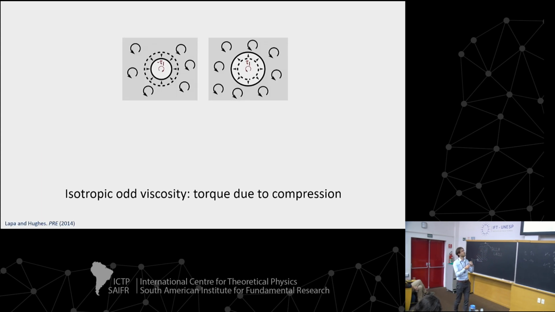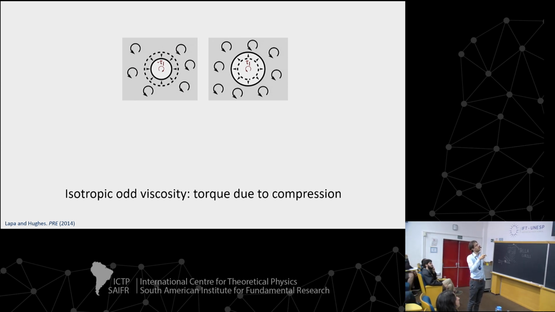And a simple effect that it will have is that if you have an inclusion whose boundary changes, and there's a certain rate of change of the area of the inclusion, then odd viscosity will cause a net torque on this object that's proportional to the rate of change of its area, right? And depending on whether the object is being compressed or growing, the sign of the torque will be opposite.